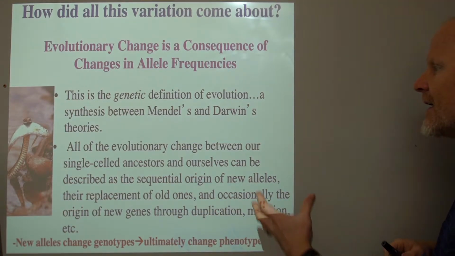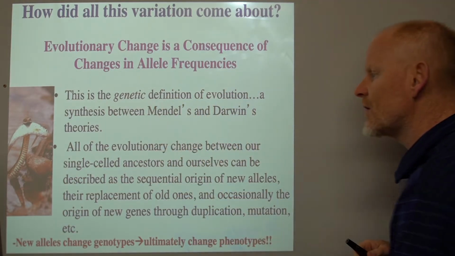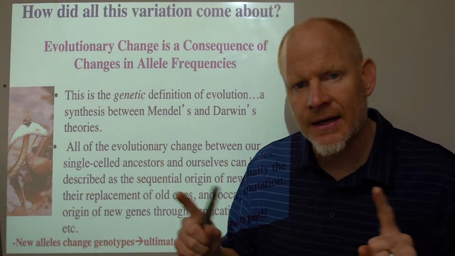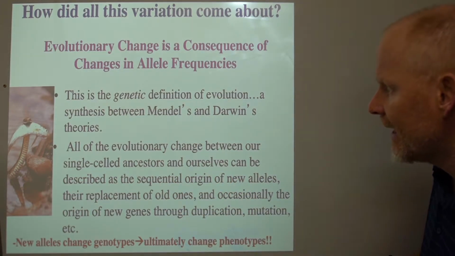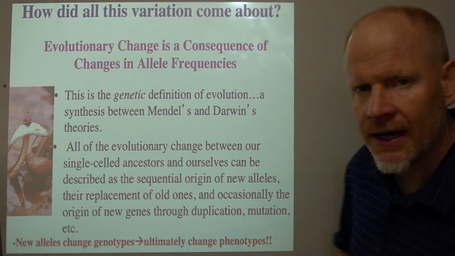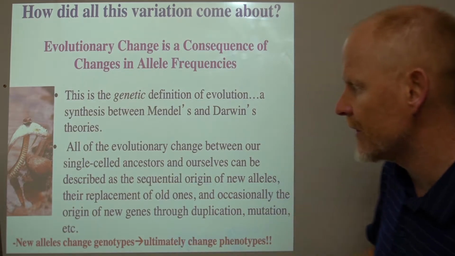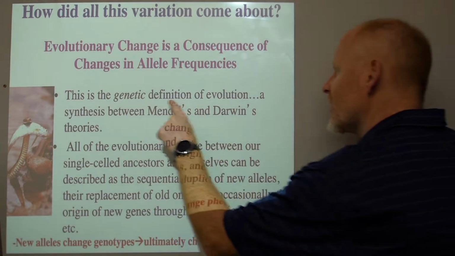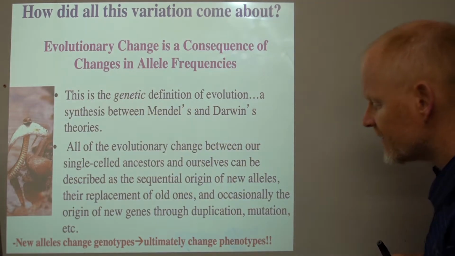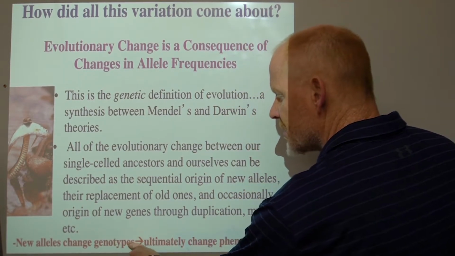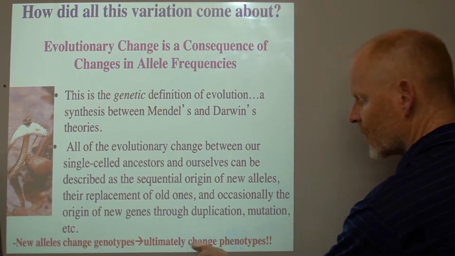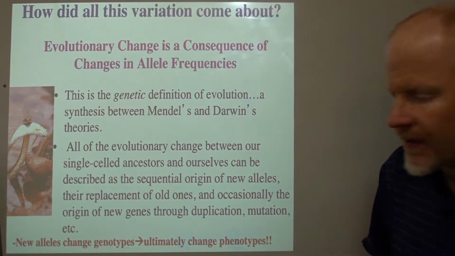And this is kind of the genetic definition, which is between Mendel and Darwin's theories. Mendel and Darwin, even though Mendel tried to communicate with Darwin, Darwin really didn't believe what Mendel did. And it wasn't until later on when biologists connected the two together. Because change in allele frequency changes phenotype, right? And that's what we're going to assume. New alleles can change the genotype and therefore change the phenotype of the organism.